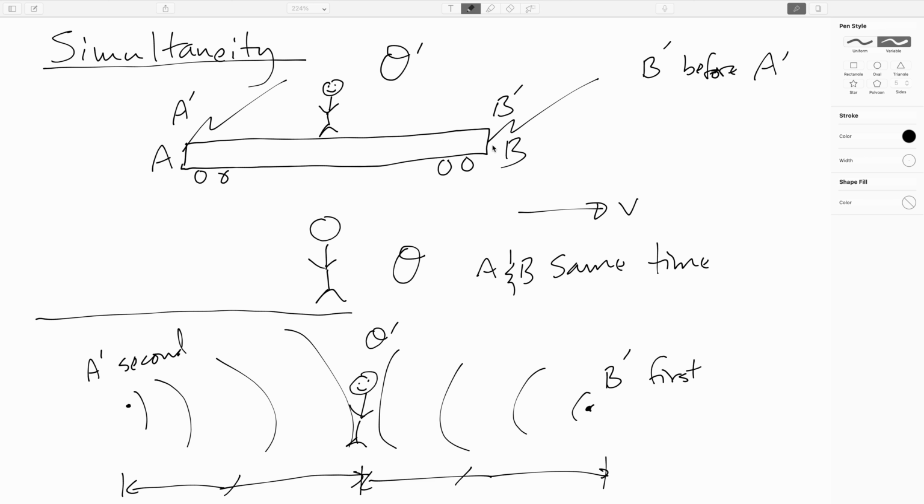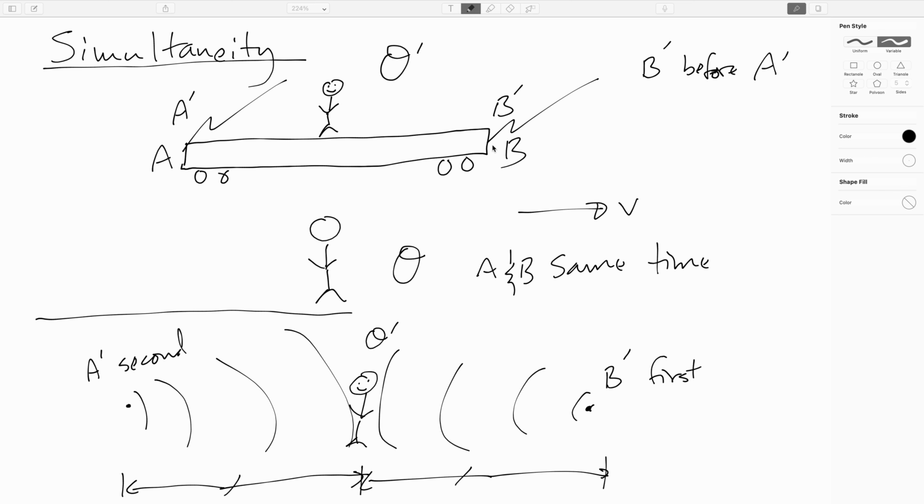Because remember, in an earlier video, we were saying in order to measure the length of something, I need to have two events happen at the same time. So if I'm going to measure the length of, say, this very train car, you could use the events of the two lightning bolts hitting the train car to locate the x-coordinates of the front and the back of the train car and figure out the length.